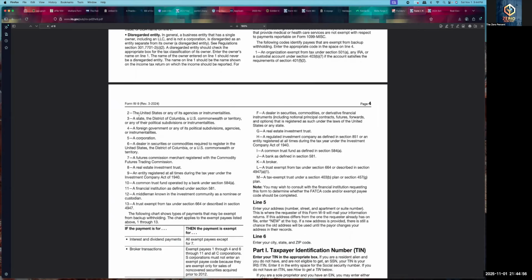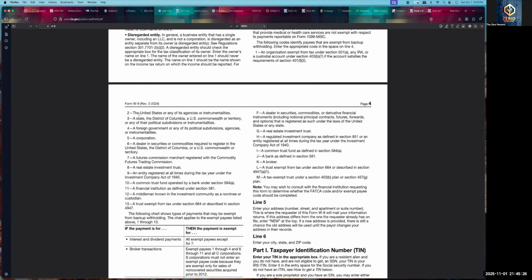Number 7, a futures commission merchant registered with the Commodity Futures Trading Commission. Number 8, a real estate investment trust. Number 9, an entity registered at all times during the tax year under the Investment Company Act of 1940.